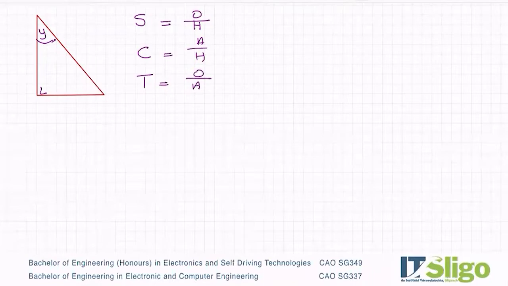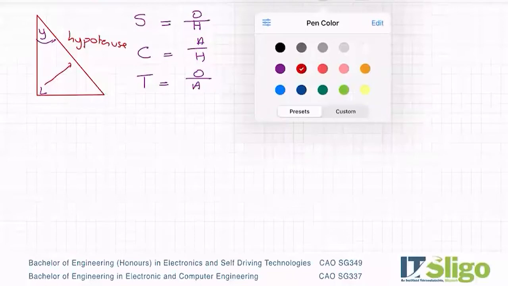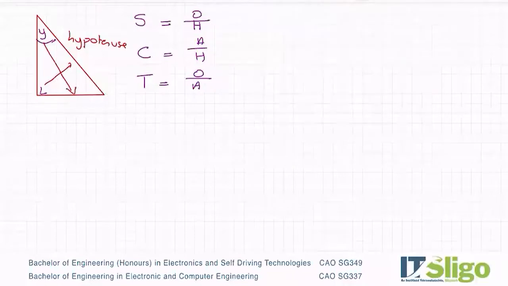Okay, let's label our sides. The side opposite the right angle is your hypotenuse, often shortened to HYP. The side opposite your angle, so you can see it's opposite the angle. So this is your opposite side, which means this one here beside it, or the other one left, is the adjacent side.